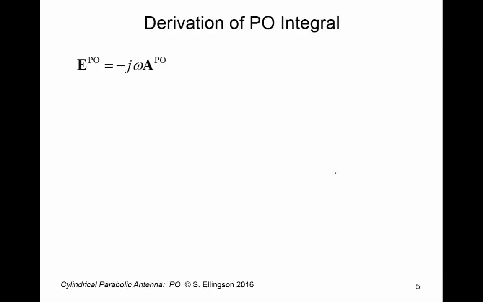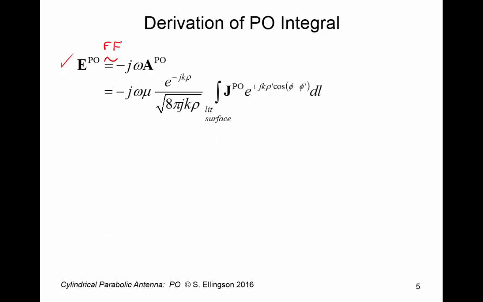Okay, derivation of the physical optics integral. The physical optics electric field is given, at least to a good approximation, in the far field as j omega times the magnetic vector potential. For the magnetic vector potential, we can make the substitution, and we have this integral, which we've probably worked with before, but this is simply using the two-dimensional formulation again.